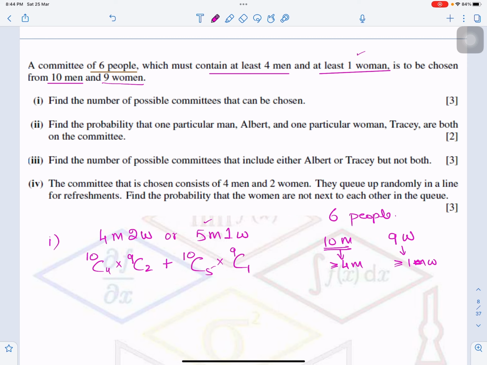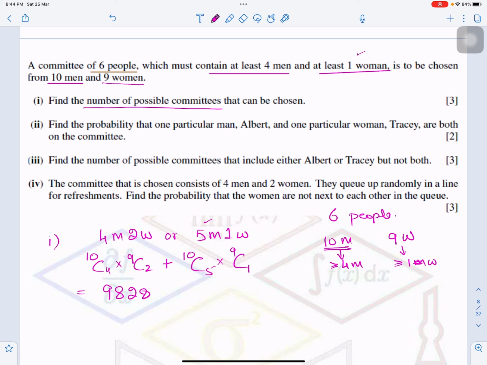So now you can use your calculator. Let me use it. Okay, so the answer is 9828. So the question was asking to find the number of possible committees. So 9828 committees can be made, which will be following these conditions.